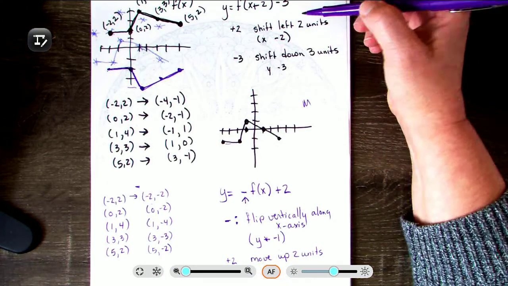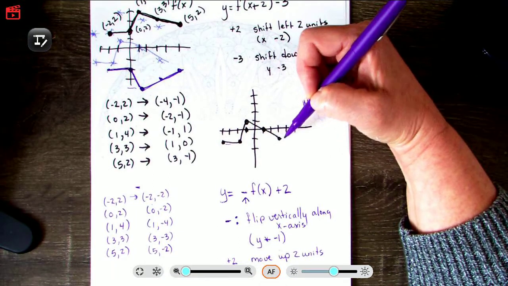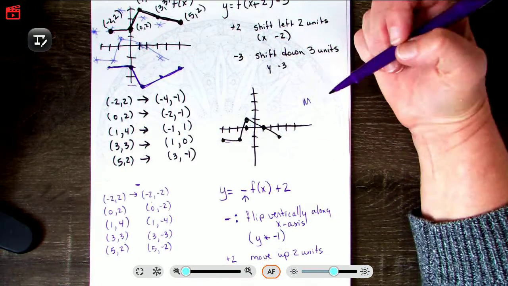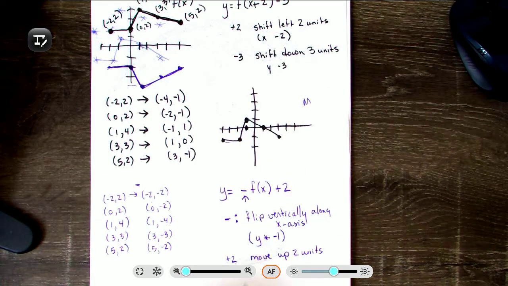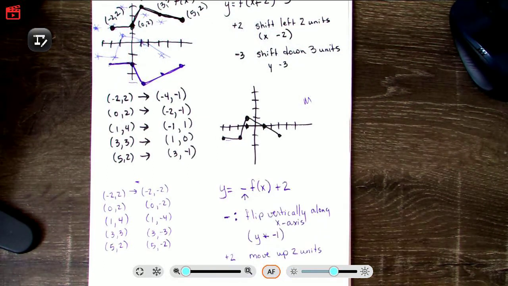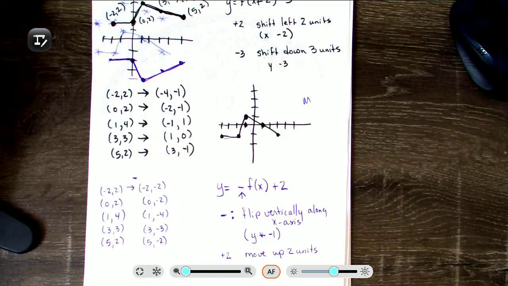Through these transformations, you cannot turn a straight line into a curved line. So they will remain straight if they started out straight, and you'll have corners where you had corners. You can get them steeper and less steep, but you can't change the overall shape. They'll look very similar. It's kind of like just changing your axes possibly.